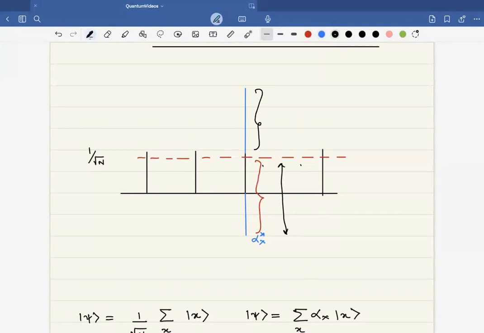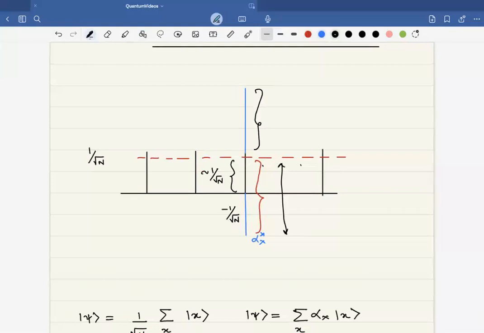And so initially this is, let's say, minus 1 over square root of n. This height will nearly be 1 over square root of n. Why?